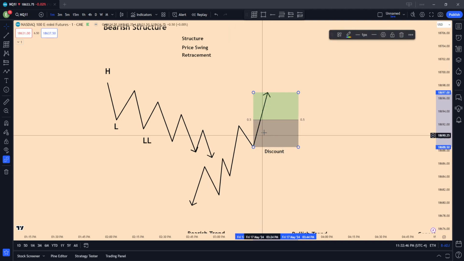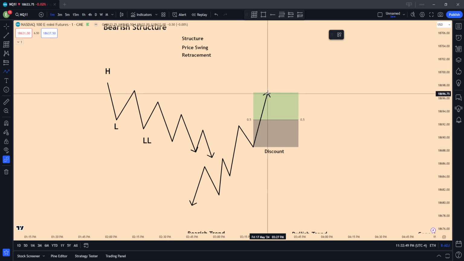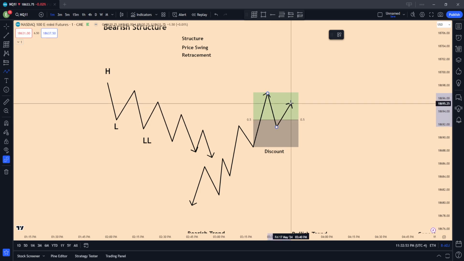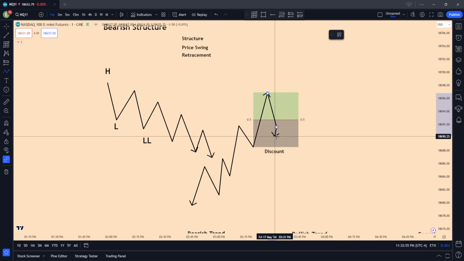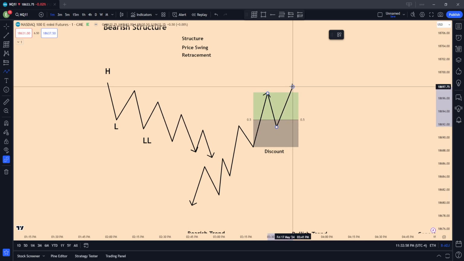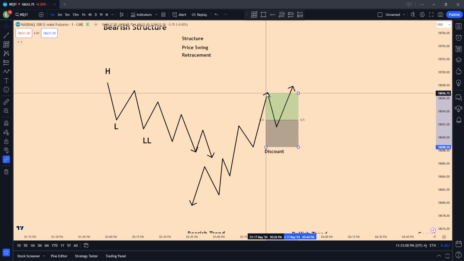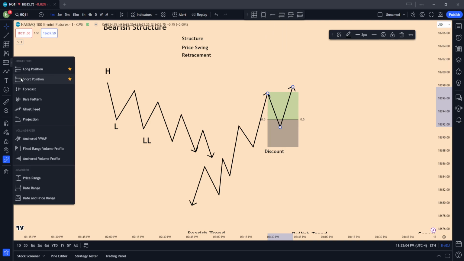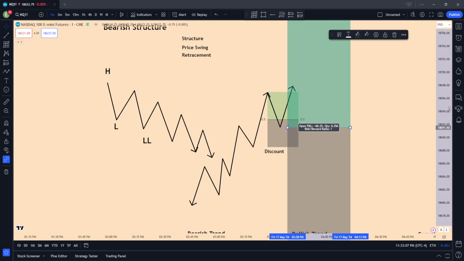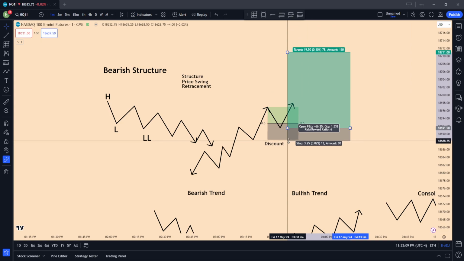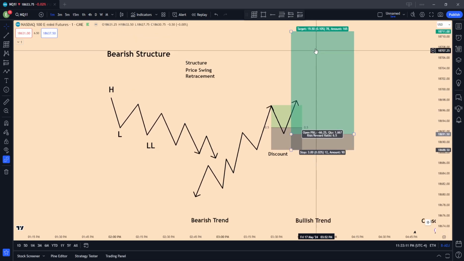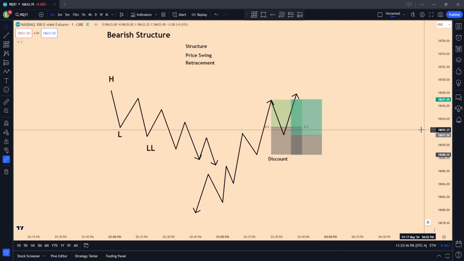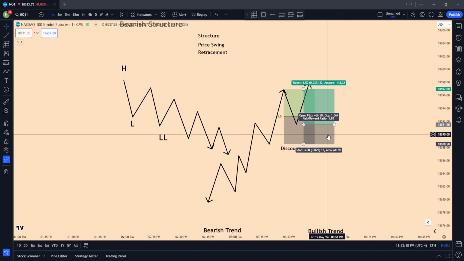So you mark the low of the swing, and then you wait for price to come down into a discount, and then you say, okay, boom, I'm gonna enter my position long. Let's take it to the target, which is this level, because that's the next high, and this is a successful long trade execution. You put your stop loss at this low, and then you target the next high. This is trading with the trend. This is a bullish example. Okay?